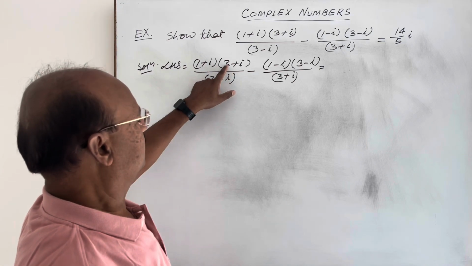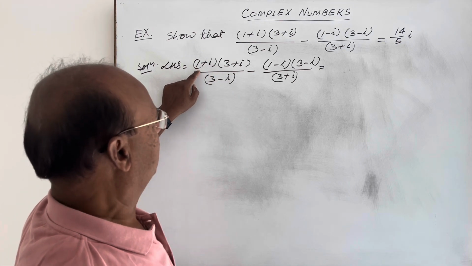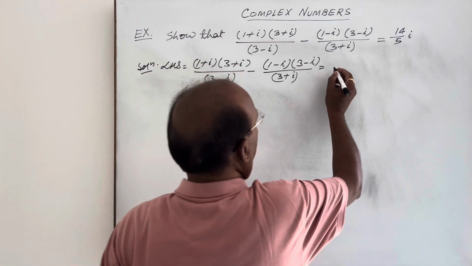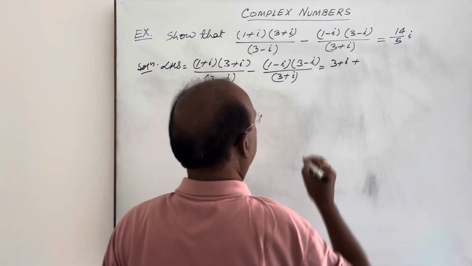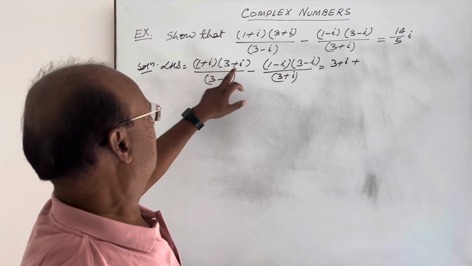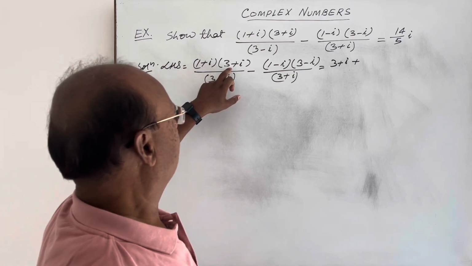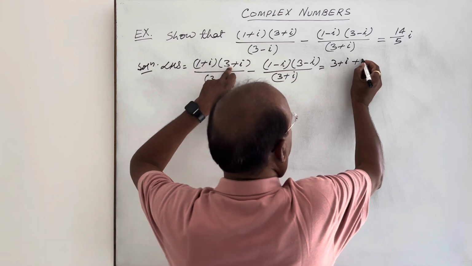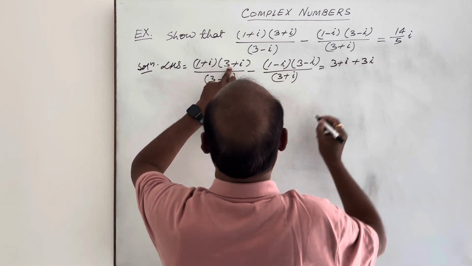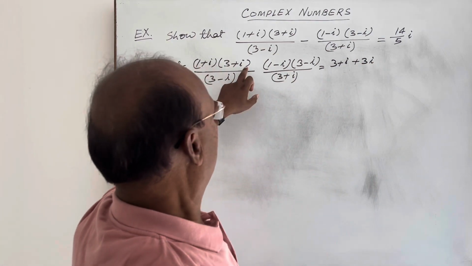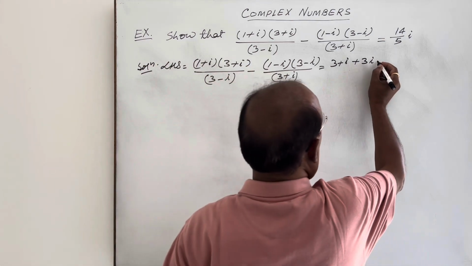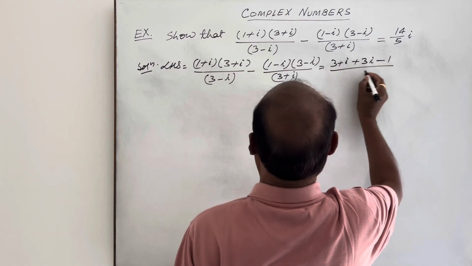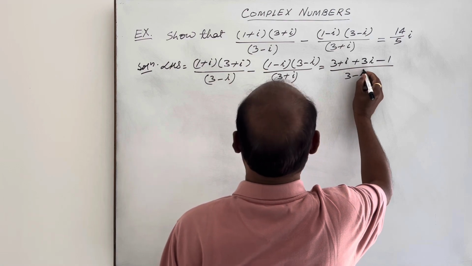Multiplying 3 + i with 1 will get 3 + i only. So this is 3 + i, and plus multiplying 3 + i with i into 3 is 3i, and i into i, that is i square, and you know i square is equal to minus 1, divided by 3 − i.